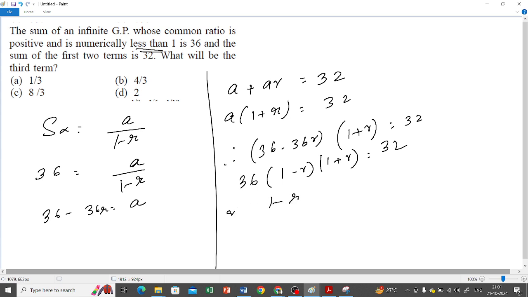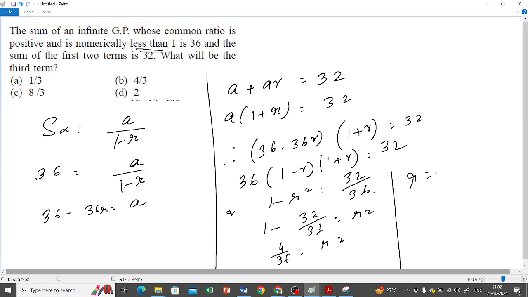That is A square minus B square. So R is equal to 2 by 36. R cannot be plus minus.